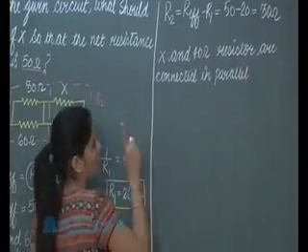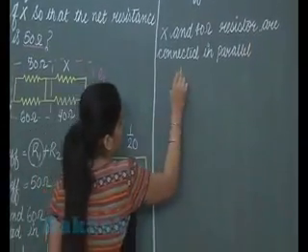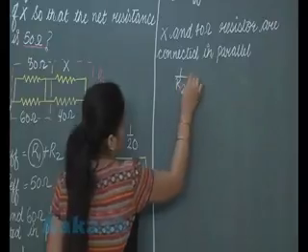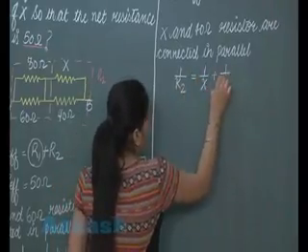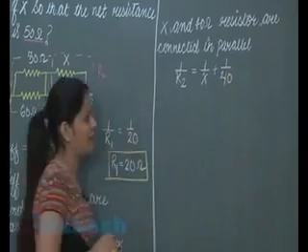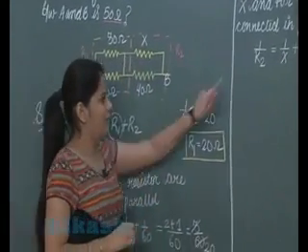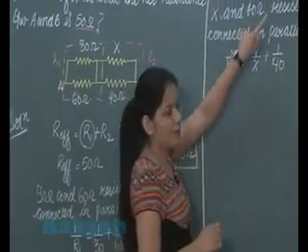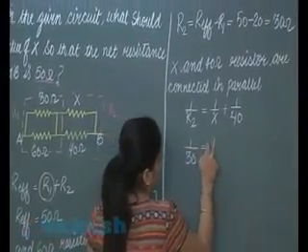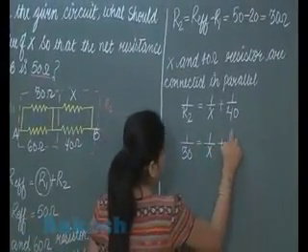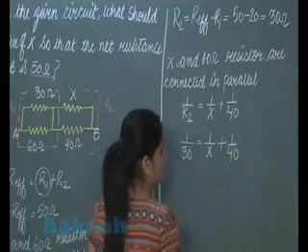Therefore student, the effective resistance, which is 1 by R2, is equal to 1 by X plus 1 by 40. So student, we know what is R2, it is 30. So 1 by 30 is equal to 1 by X plus 1 by 40.